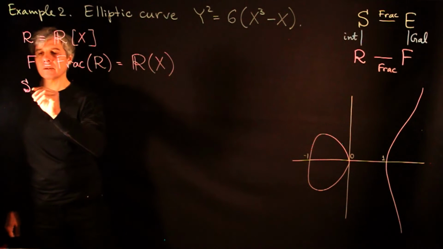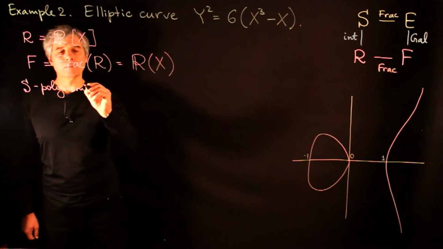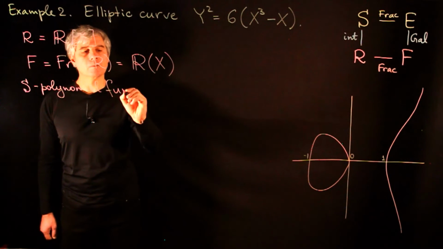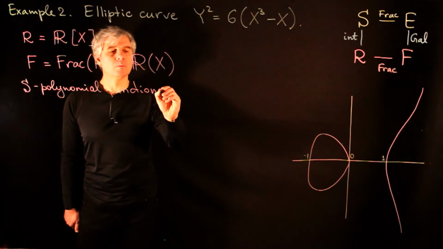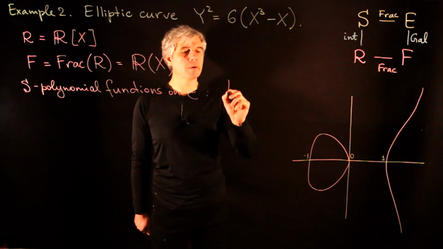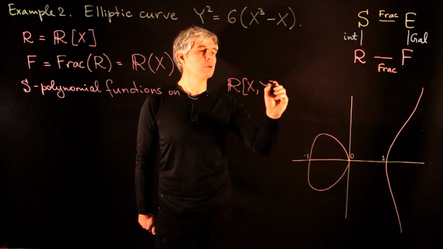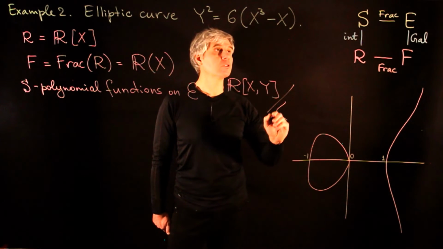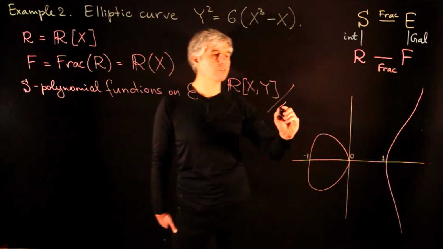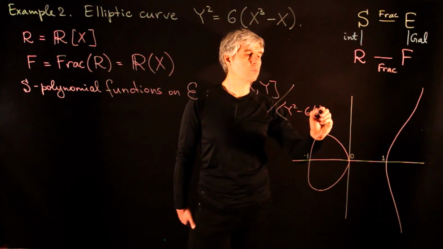The ring S will be polynomial functions on the elliptic curve E. So this will be the ring of polynomials in two variables, quotient by the ideal generated by the equation of the elliptic curve, y squared minus 6 x cubed minus x.